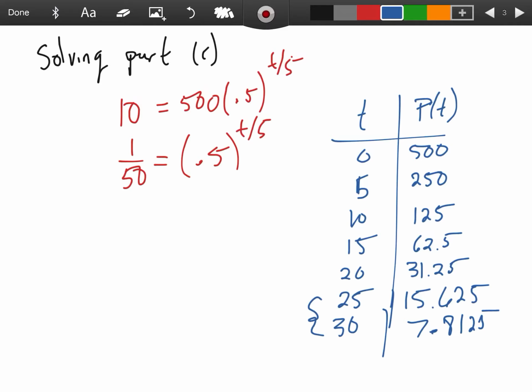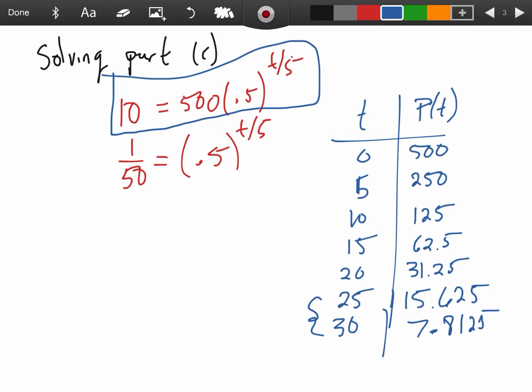Well, so that kind of gives us an idea of what our correct answer should be, but how do we get the exact answer? How do we know exactly what our answer should be? This is where graphing is going to come into play. So we're going to start by saying, well, we know 10 has to equal 500 times 0.5 to the t divided by 5.